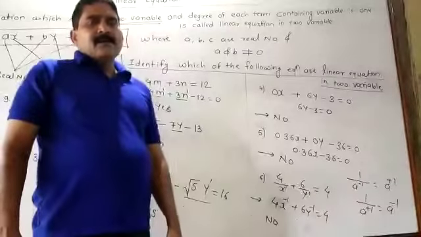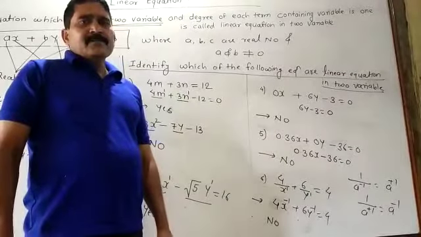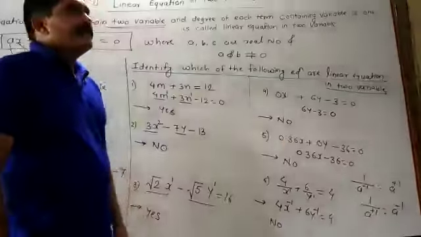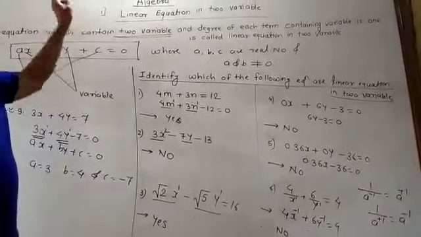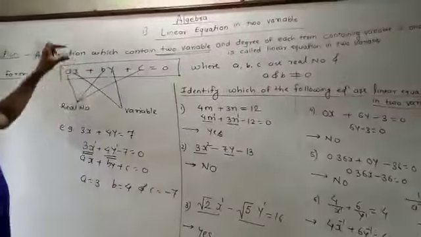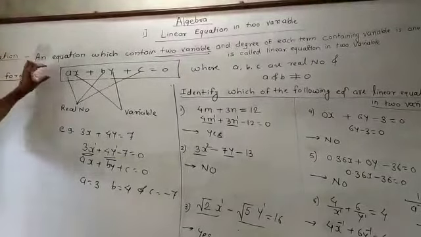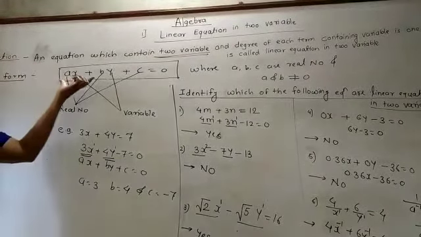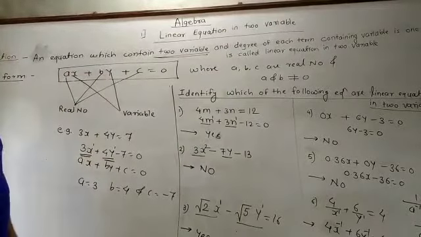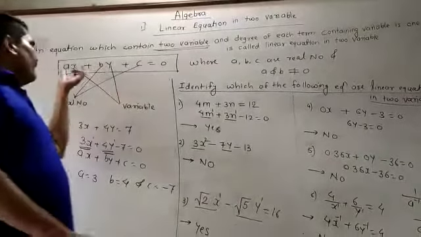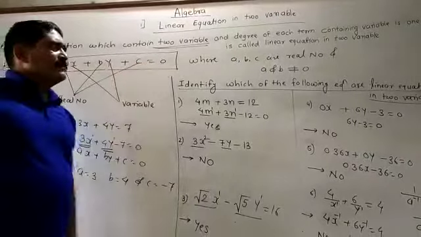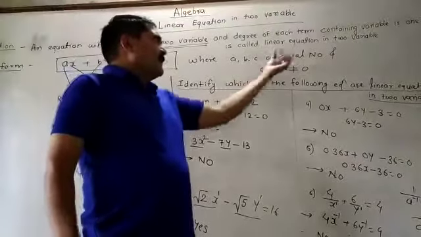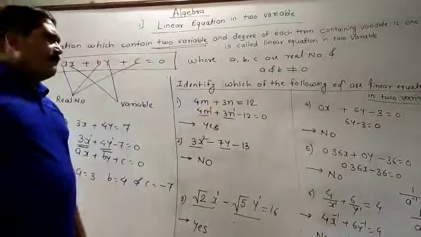Students, I will conclude this topic. I already explained the meaning of a linear equation in two variables. After that I explained the standard form of the linear equation, ax plus by plus c is equal to 0, where a, b, c are real numbers and a and b are not equal to 0.